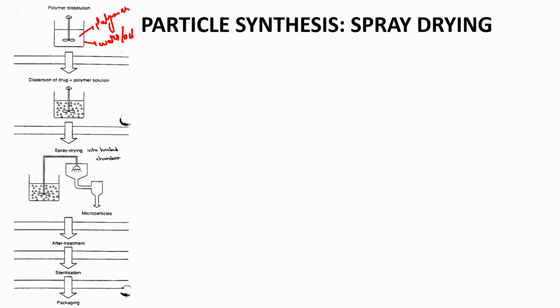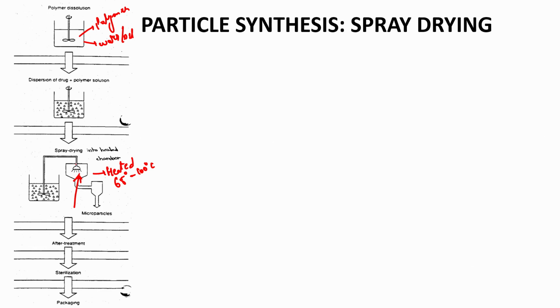And then what you do is you mix them so that the drug is well mixed, you then spray it into a heated chamber. So this is heated, this could be heated to let us say 65 degrees Celsius to 100 degrees Celsius. And what is going to happen is, typically there is a blower which is blowing heated gas, and as these droplets which are being sprayed into this chamber come in contact with this heated air, the solvent evaporates.